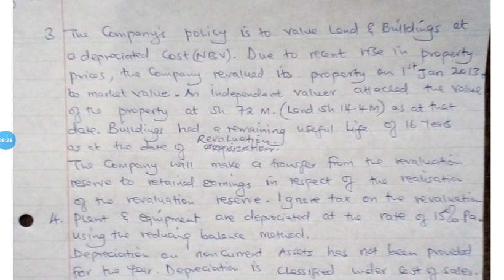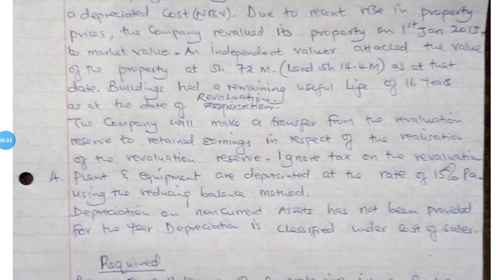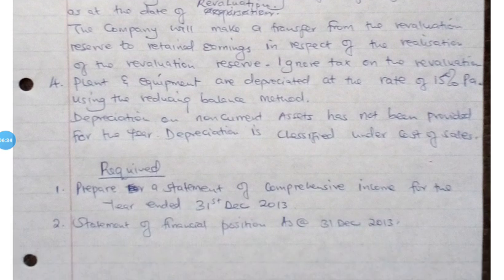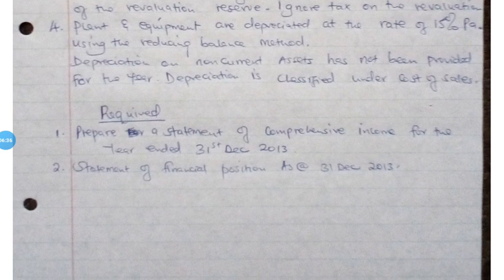Depreciation is classified under cost of sales. So we are required to prepare a statement of comprehensive income for the year ended 31st December 2013. And number 2, we are supposed to prepare the statement of financial position as at 31st December 2013.